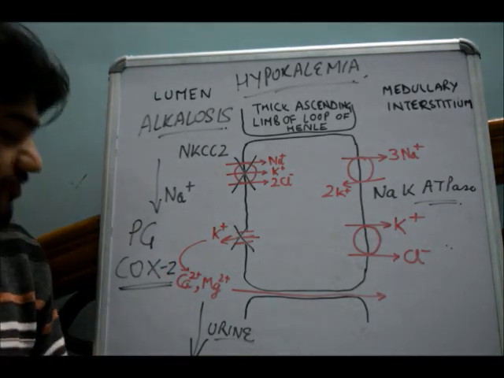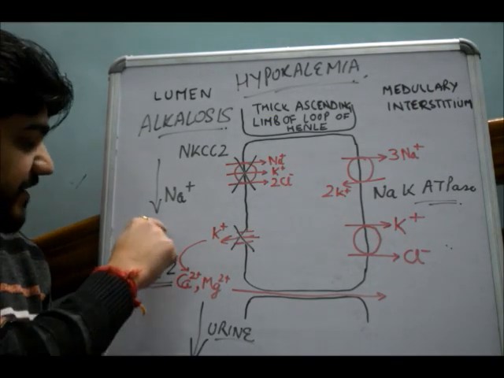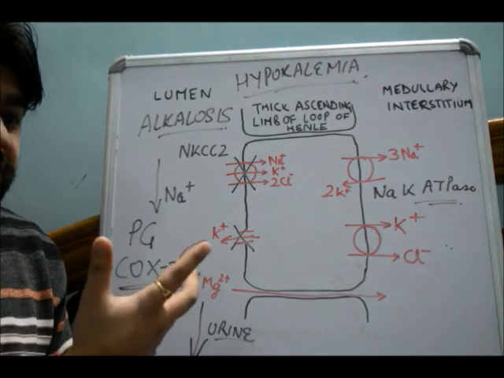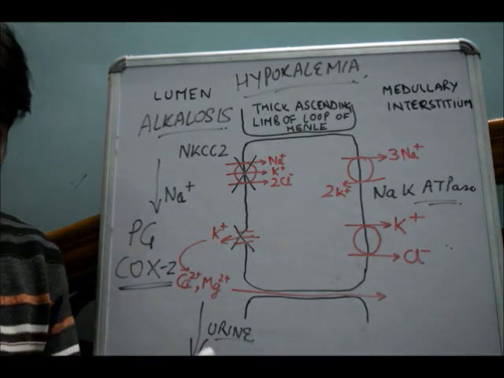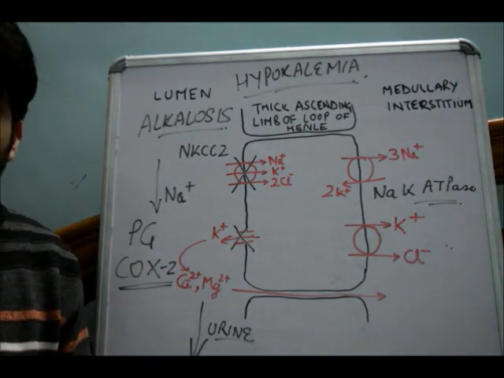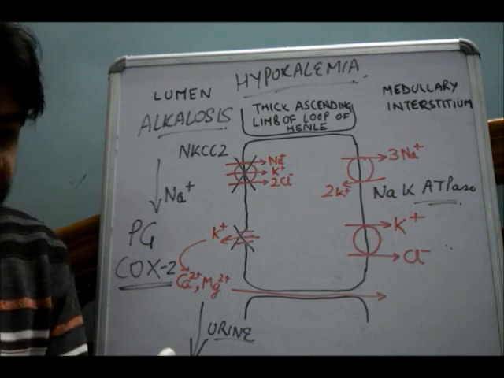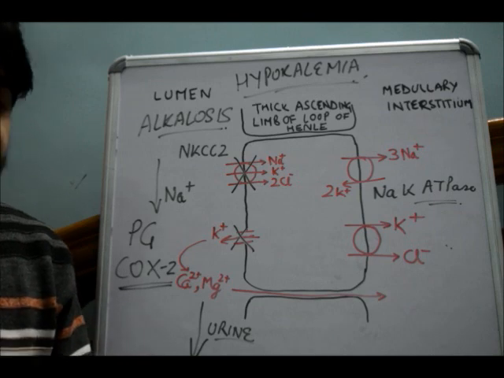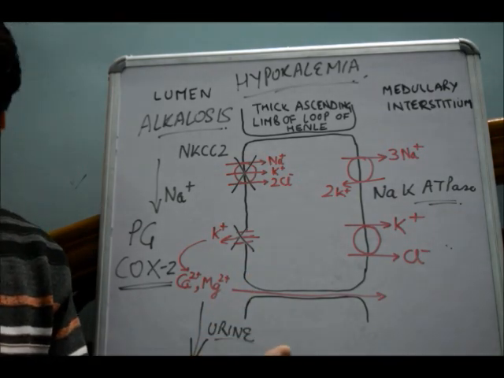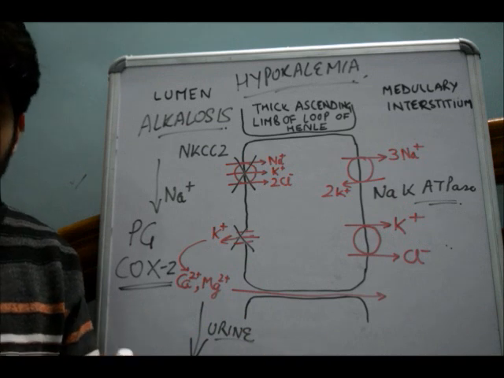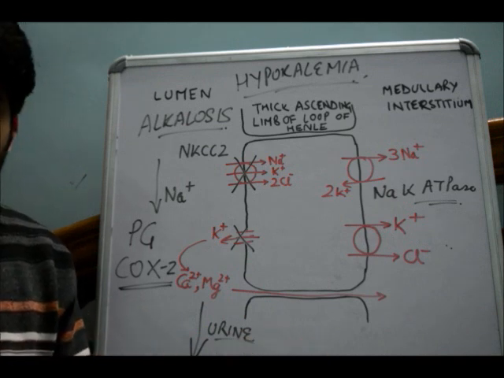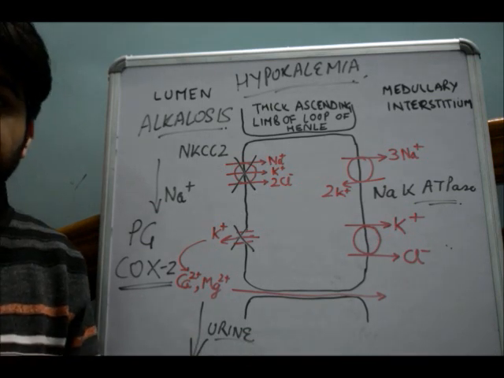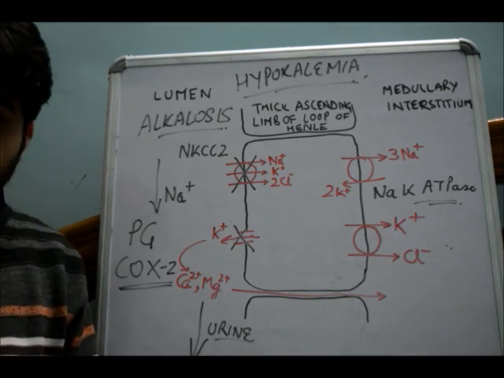This cyclooxygenase 2 leads to formation of prostaglandins, and these prostaglandins are vasodilators. Leading to vasodilatation, they increase the capacitance of the veins. Whenever the veins are dilated, they can accommodate more blood. So in edematous states like pulmonary edema or edema anywhere in the body, these loop diuretics become beneficial in those conditions also.